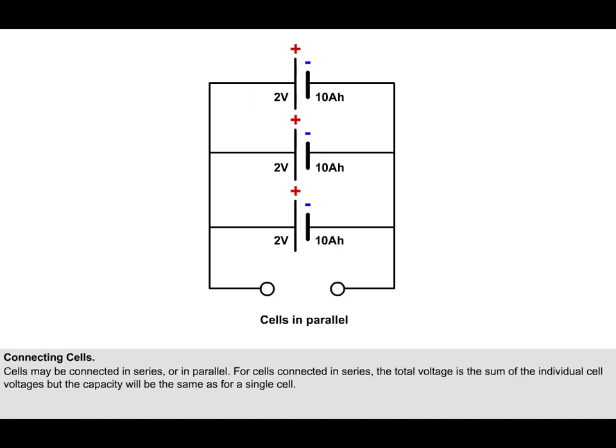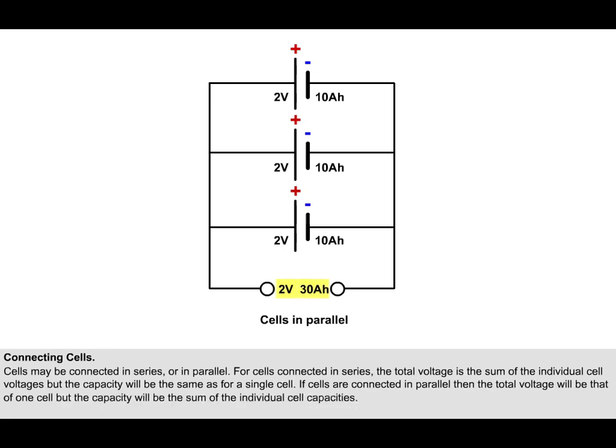If the same 3 cells are connected in parallel, that is to say, the positive terminals are joined together and the negative terminals are joined together, then the total voltage will be that of one cell, 2 volts, but the capacity will be the sum of the individual cell capacities. In this case, 30 ampere hours.